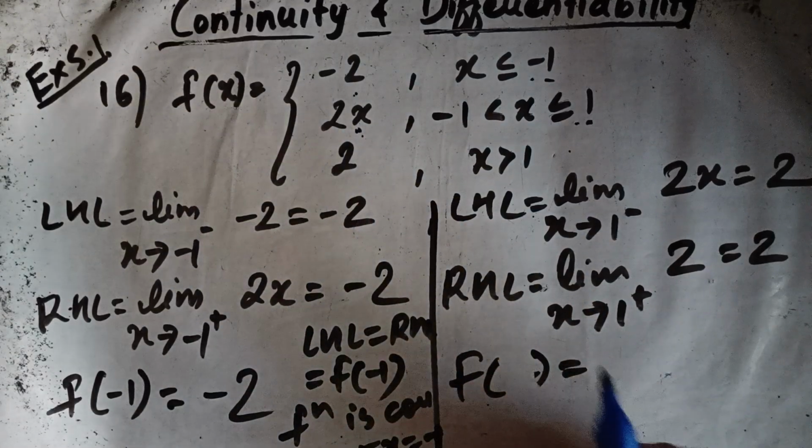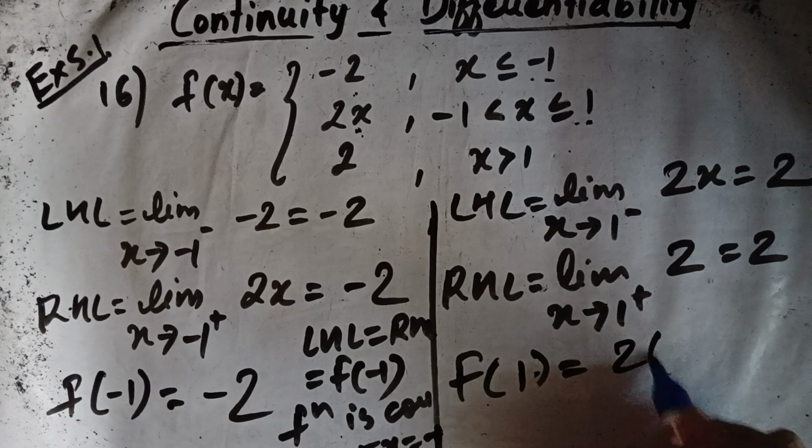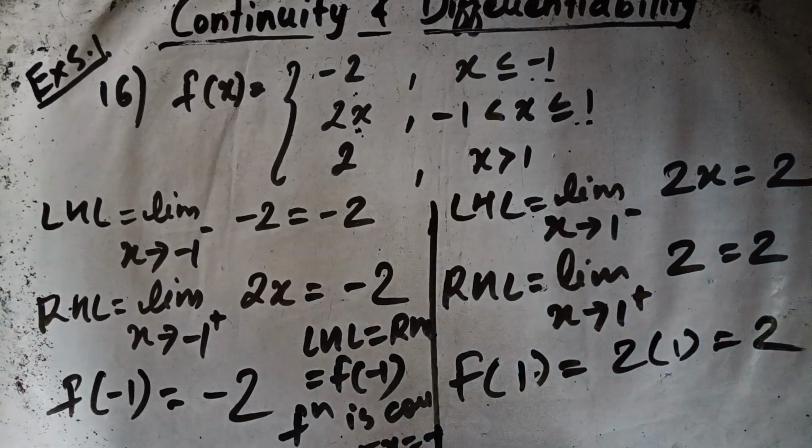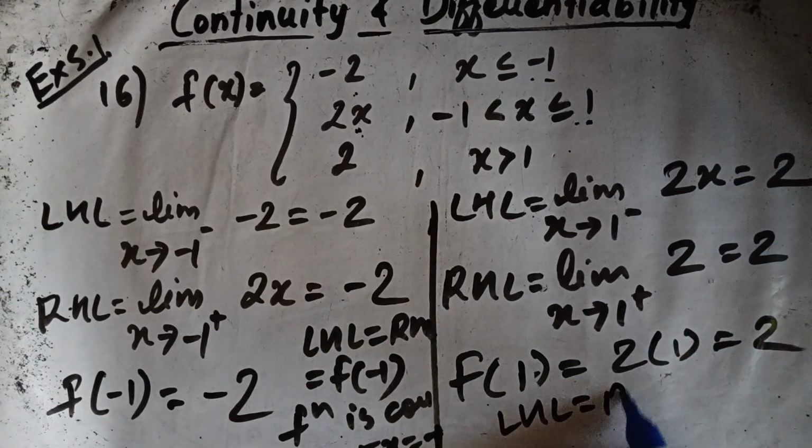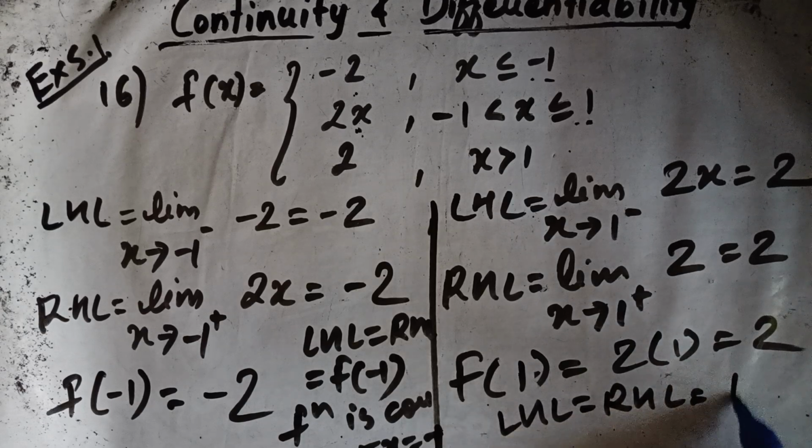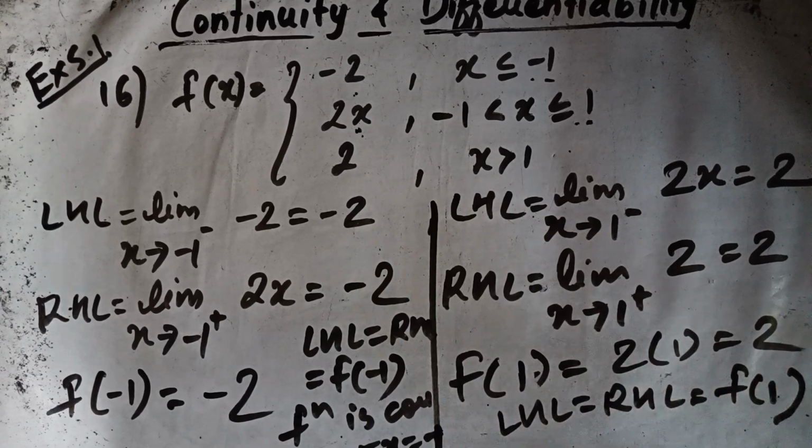F of 1, 2 into 1, so 2. Here also LHL is equal to RHL is equal to f of 1. So we can say that this function is continuous at x equal to 1.